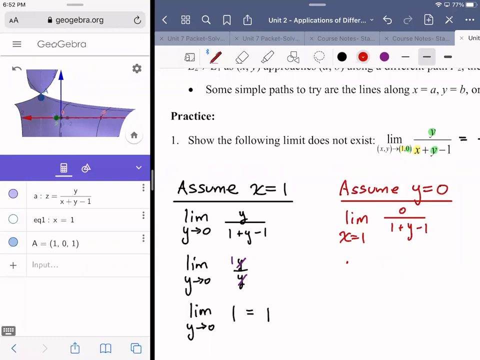So simplify, limit as x approaches 1 of 0 over y. Why am I writing y? It's x plus 0 minus 1. Yeah, thank you. I zigged when I should have zagged. x plus 0 minus 1.